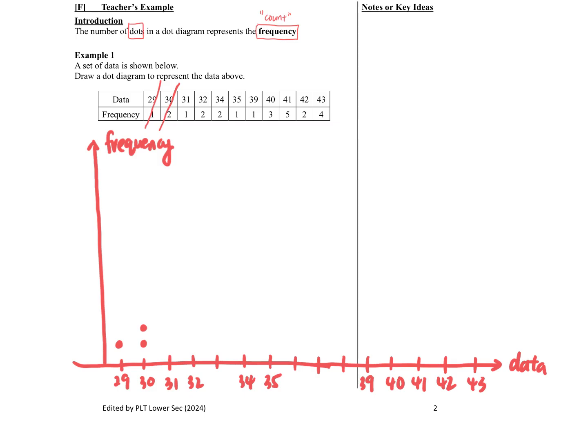Yeah, to yourself. Okay, sensible drawing. Your dots shouldn't be too different in size.